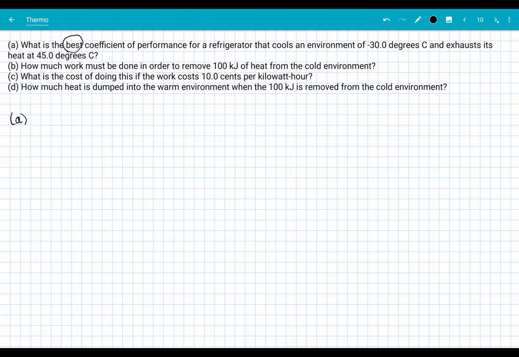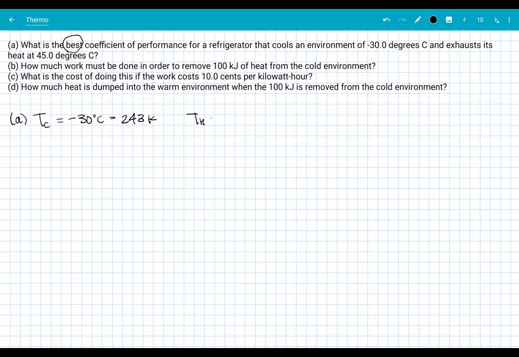I know that in order to use the Carnot equations, I need to be working in kelvins, because negative temperatures wouldn't make any sense in those equations. So my T cold is given as negative 30 degrees Celsius, which is 243 kelvins.